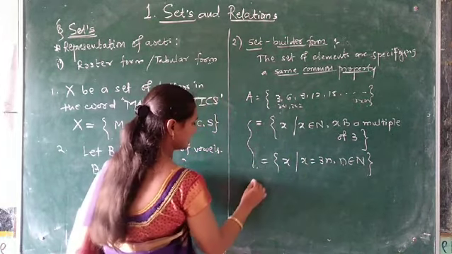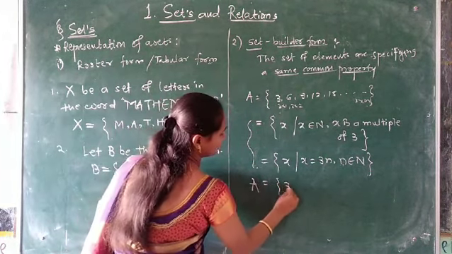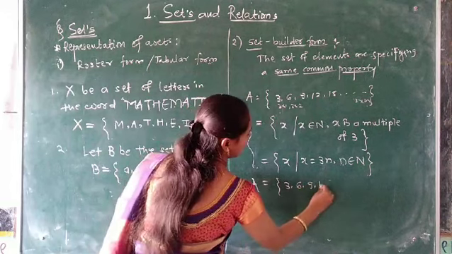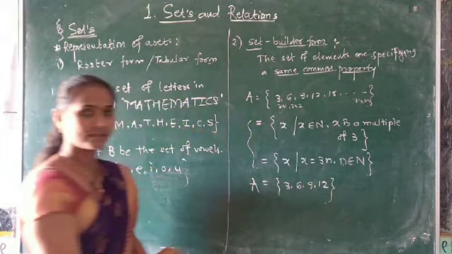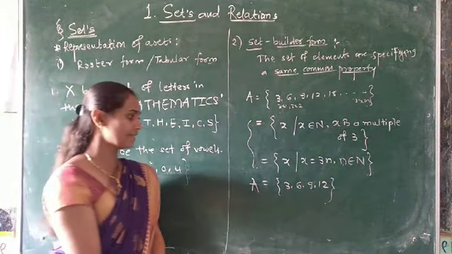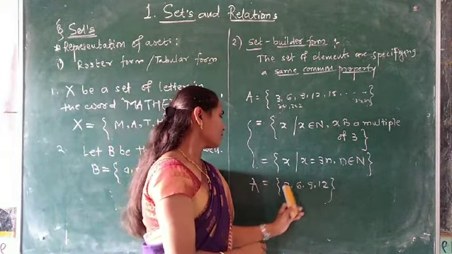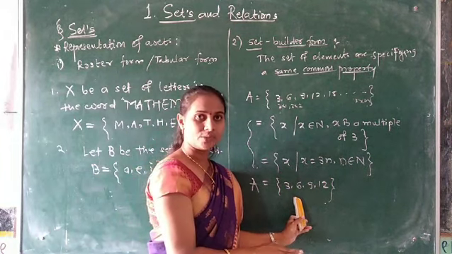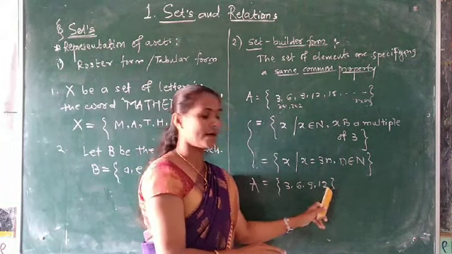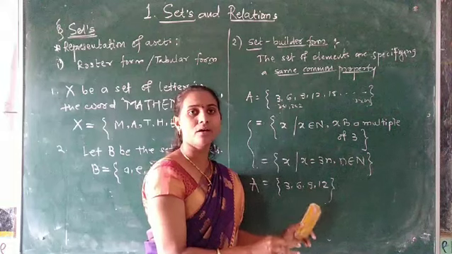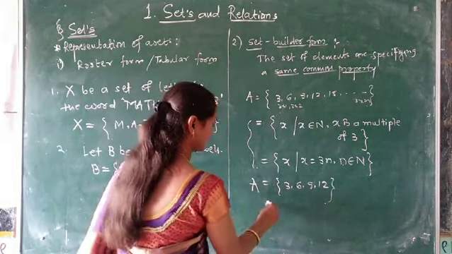Suppose this set X is equal to 3, 6, 9, 12. This is only a set of 4 elements, that is 3, 6, 9 and 12. Then I am saying that all the numbers are multiples of 3, but it starts from 3 up to 12. So we have to give some condition on this set.